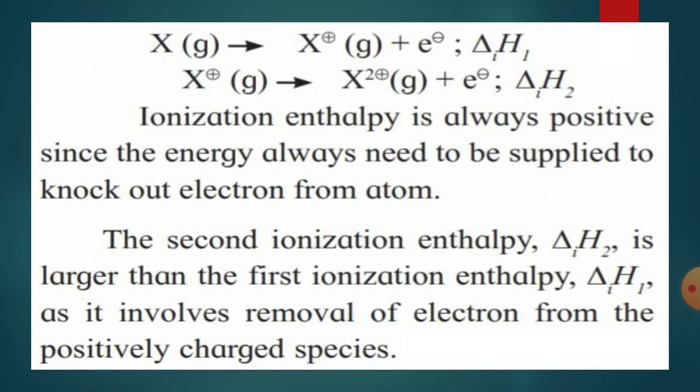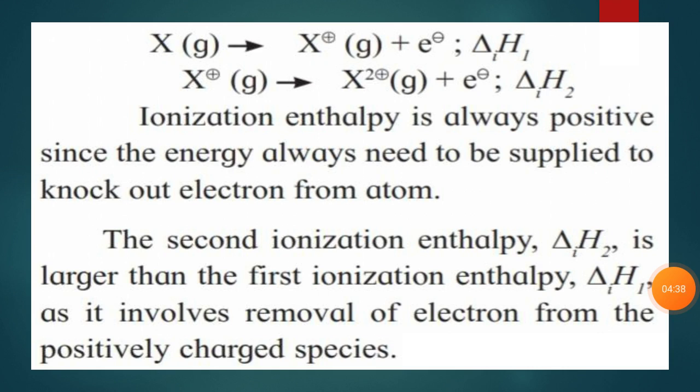It liberated one electron, plus e minus, as an electron carries negative charge. E is the symbol for electron, and the minus is the charge which an electron carries. So when this neutral gaseous atom liberates one electron, it gets converted into a cation.